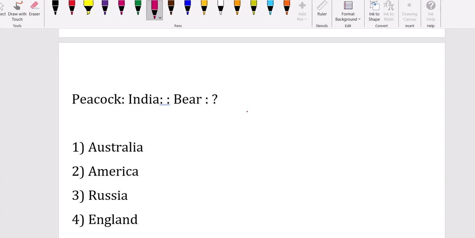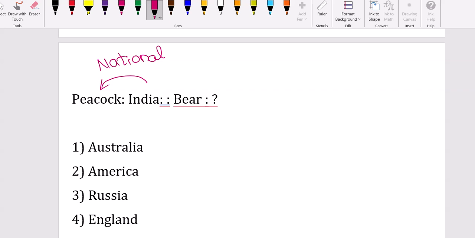Word analogy, as just now mentioned: peacock, India; bear is for which country? So what's this relationship? National bird. Okay, so related to bear, for which country?